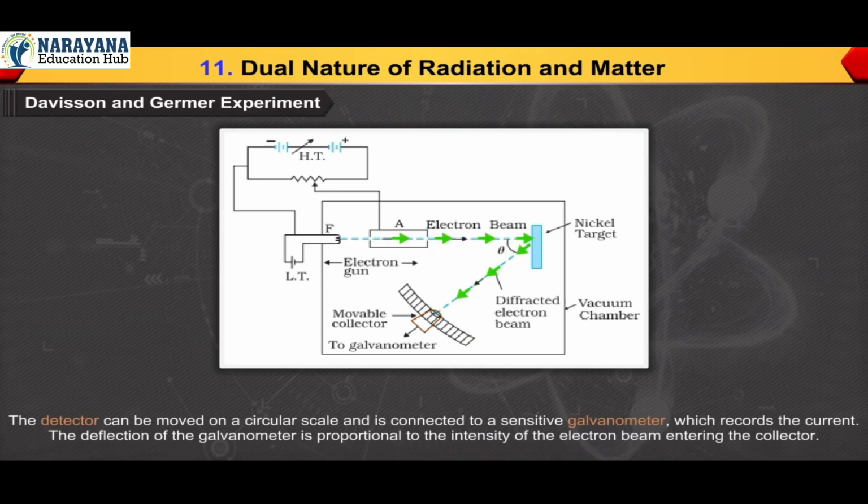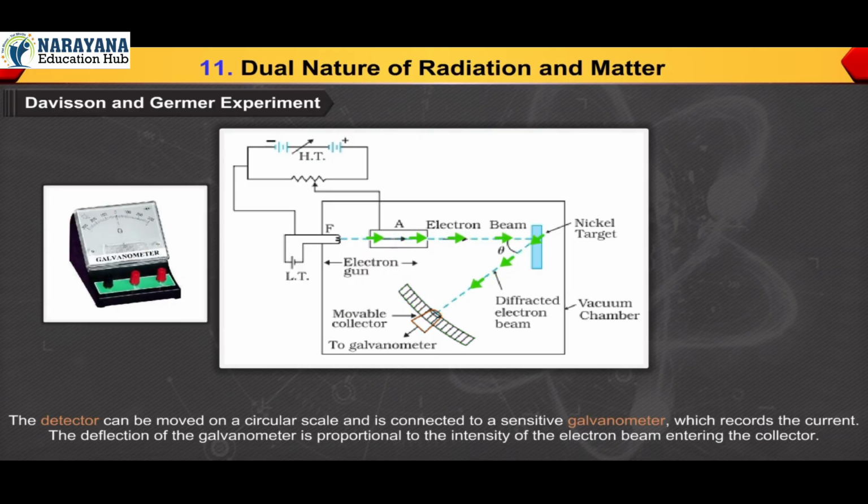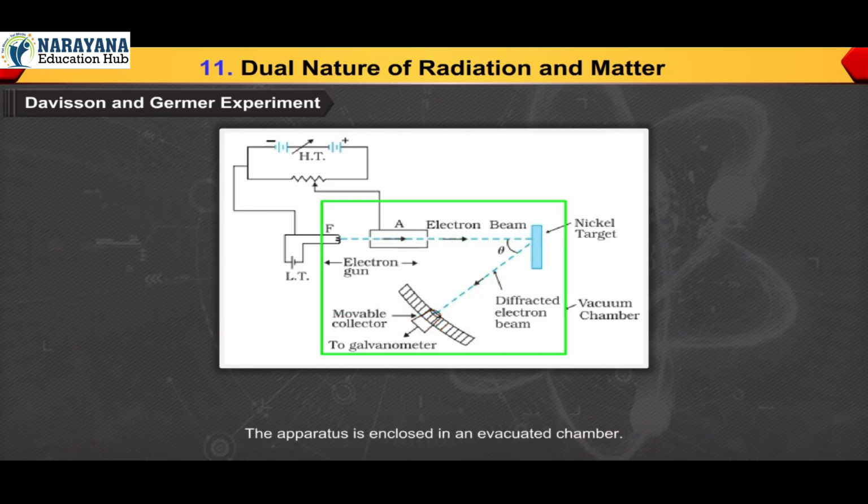The detector can be moved on a circular scale and is connected to a sensitive galvanometer, which records the current. The deflection of the galvanometer is proportional to the intensity of the electron beam entering the collector. The apparatus is enclosed in an evacuated chamber.